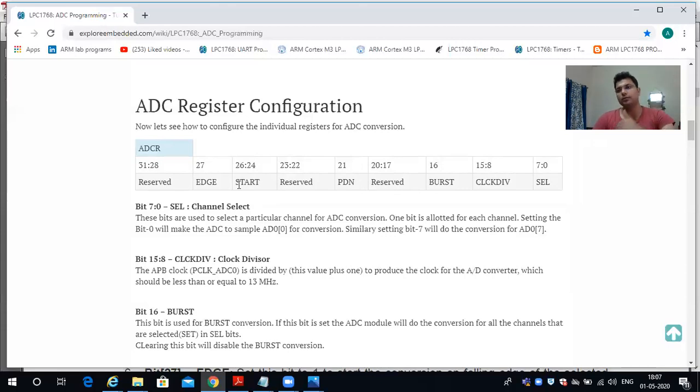Likewise, 3 more possibilities are for the falling edge, where it can start converting the input signal into its digital equivalent outputs. So that is all about the ADCR, the configuration register.